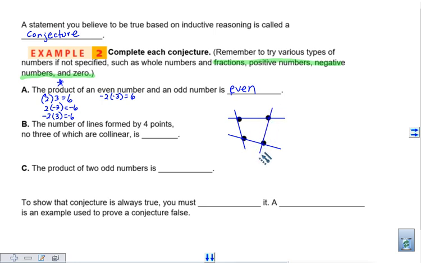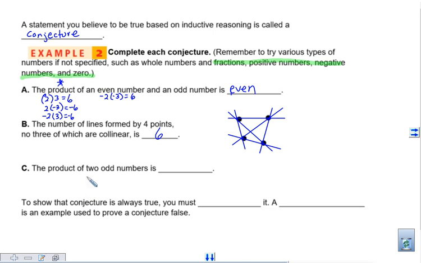Is that all the lines I can draw? No, it's not. I can go diagonal, both from the top left to the bottom right, and bottom left to top right. So how many lines is that? Yeah, 6 lines.